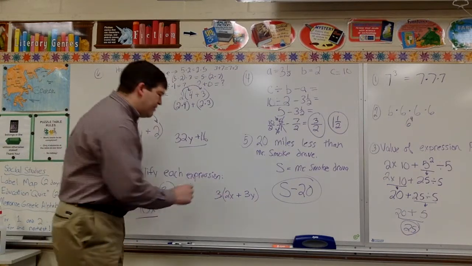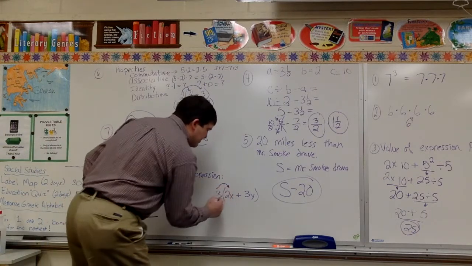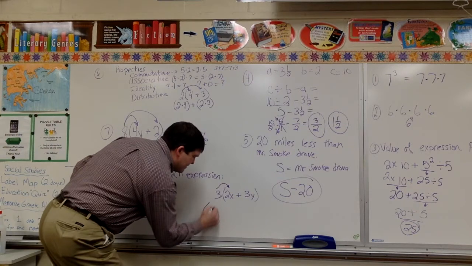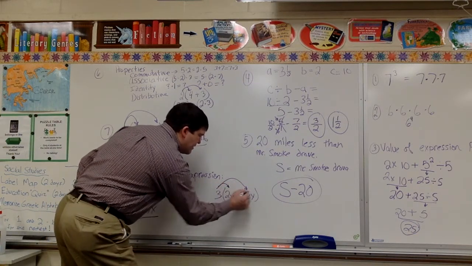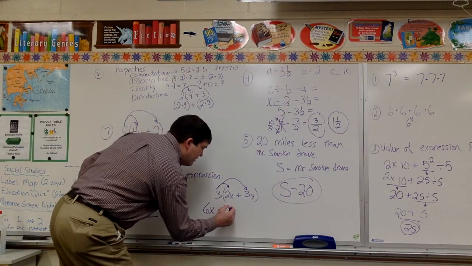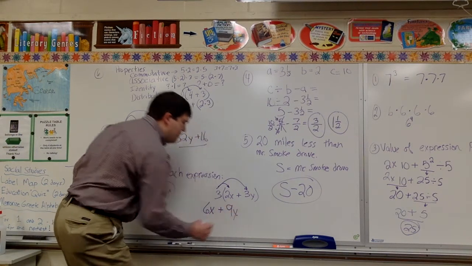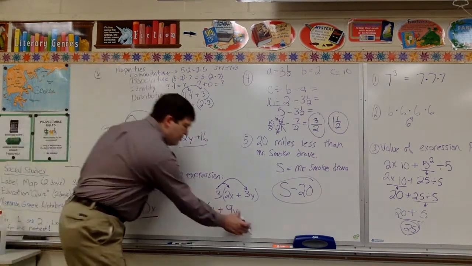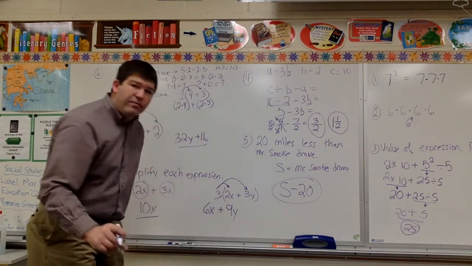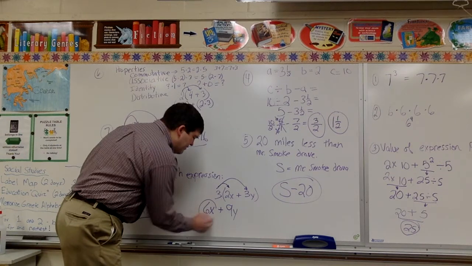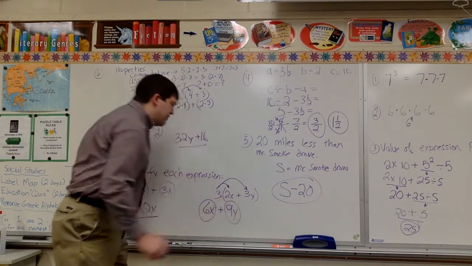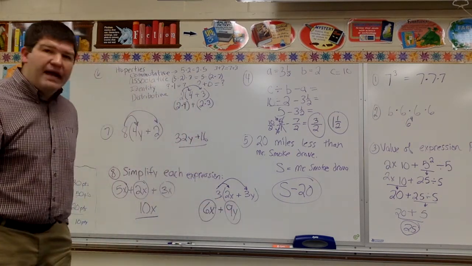Okay? Let's do this one. Distributive property. So 3 times 2x is going to give me 6x plus 3 times 3y is 9y. All right, so I've got to be careful with my y's. They sometimes look like x's. So I look at my terms. I have this term and I have this term. 6x, 9y.